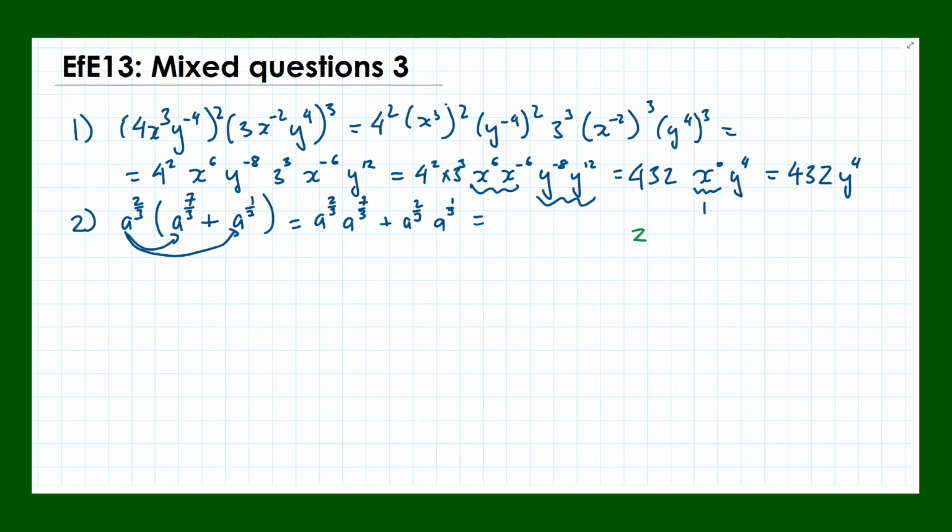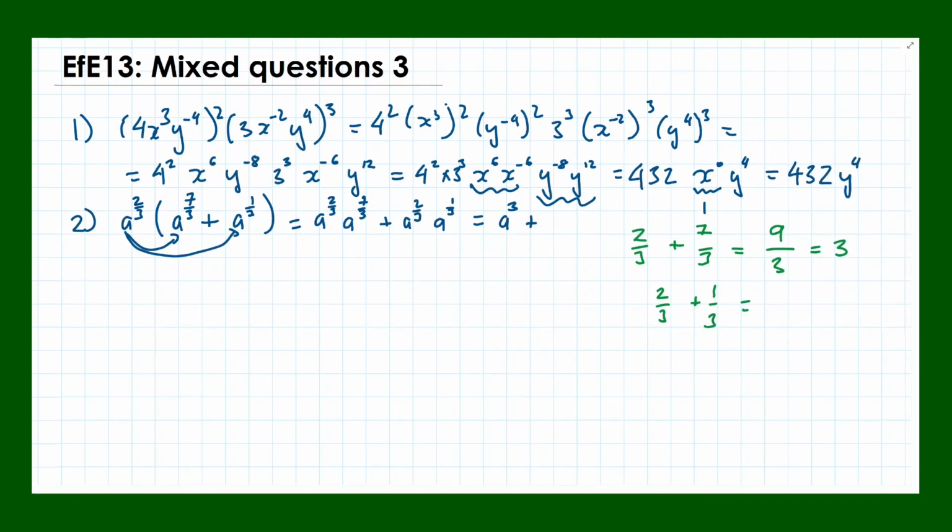So 2/3 plus 7/3. I'm lucky because they are all thirds, so I can keep the common denominator and add the numerators together. I'm going to end up with 9/3, which is basically 9 divided by 3, which is 3 itself. So the first power will be simplified to a cubed. What about the second? In the second, I'm going to have to add together 2/3 plus 1/3.